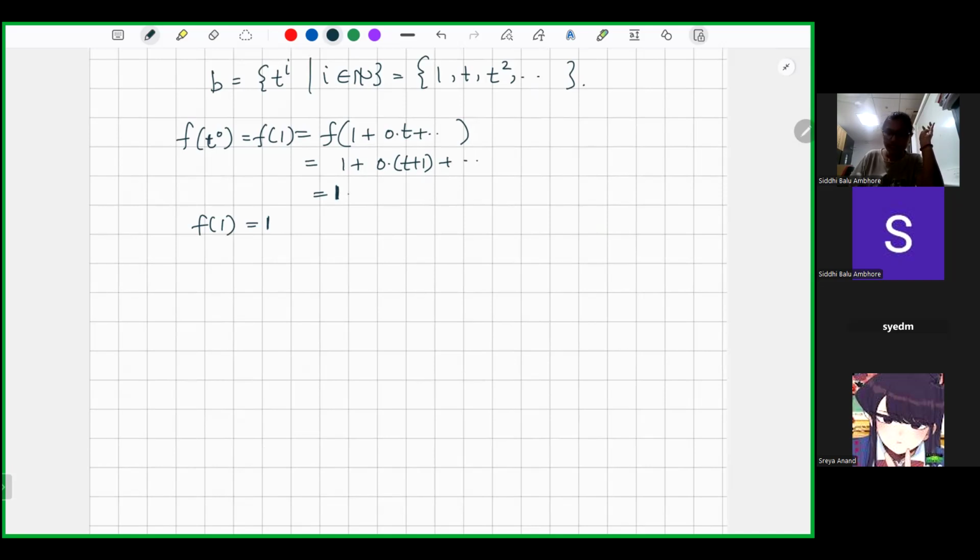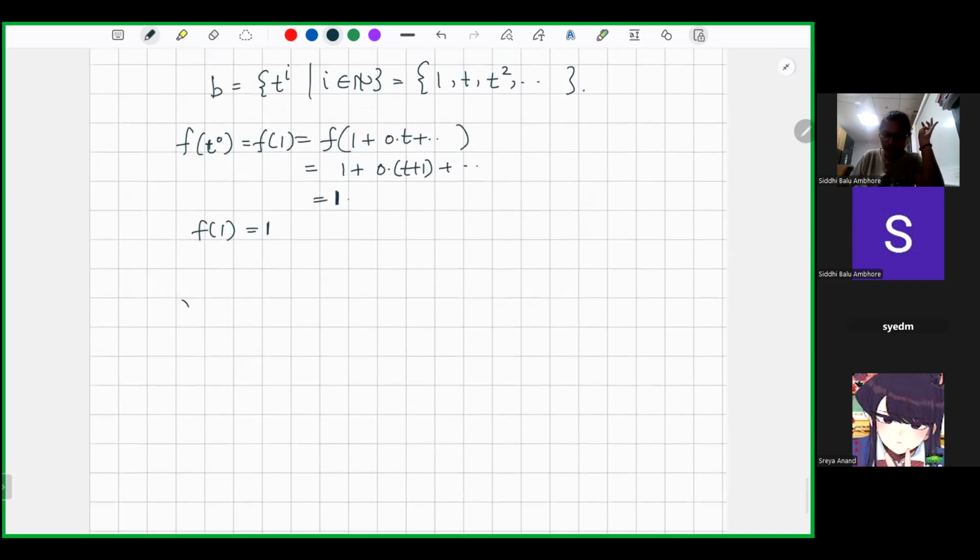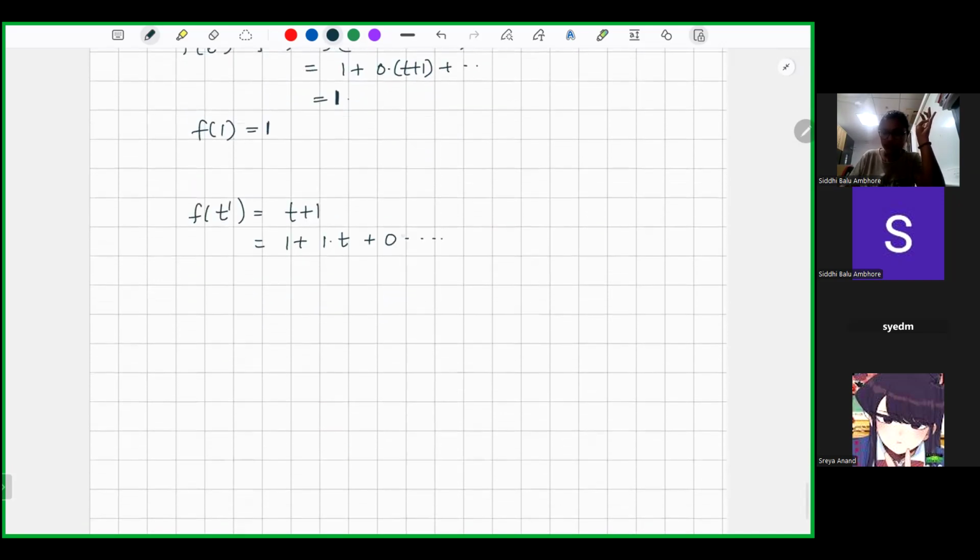And for the next one, f of t^1. So this is going to t plus 1. So this is 1 plus 1 times t plus 0 times t square and so on.